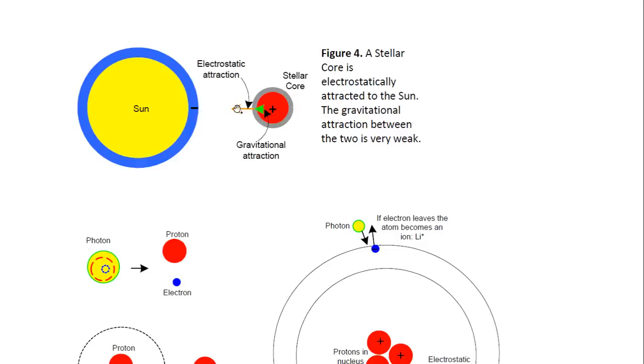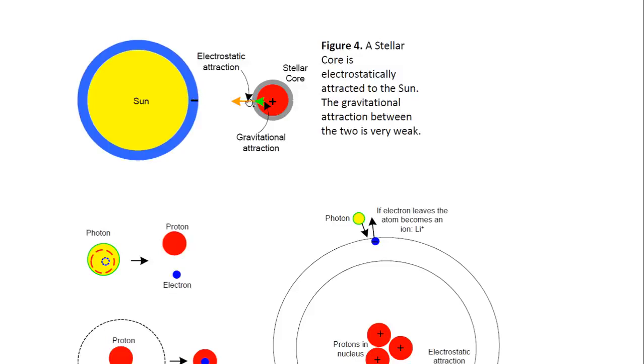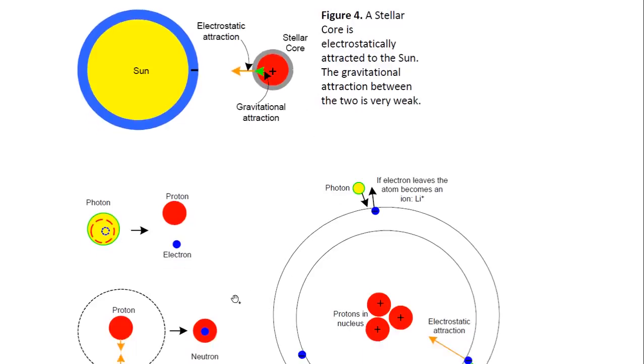So here's the electrostatic attraction represented. There will be a gravitational attraction, but it will be very small because the star has a very small effective mass. So the main attraction is electrostatic, and once it touches the Sun's corona, it will gain a layer of electrons and thus equalize the charge between the interior and the outside.